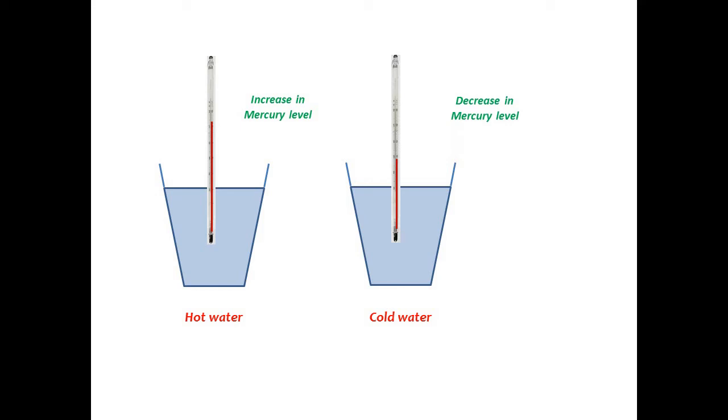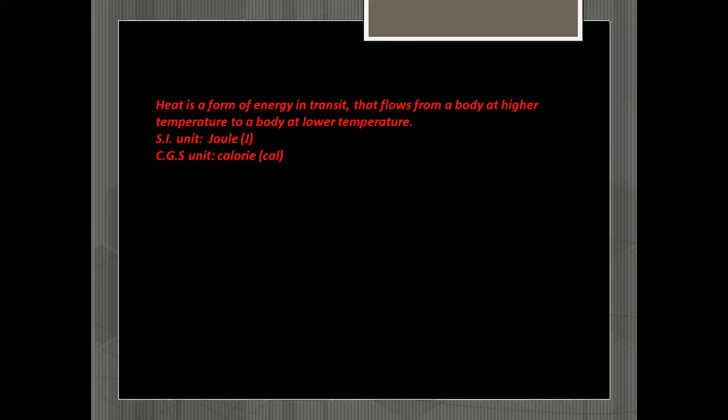Now place the thermometer in cold water and observe the changes in mercury level. You observe that mercury level comes down. This happens because of the transfer of heat from the hotter body, that is mercury, to the colder body, that is cold water. Thus, we define heat as a form of energy in transit, and it flows from a body at higher temperature to a body at lower temperature.